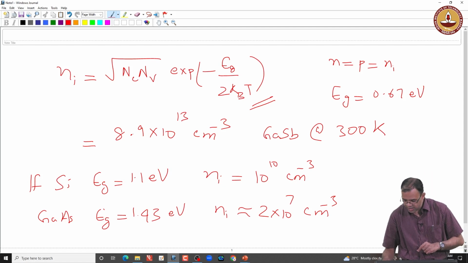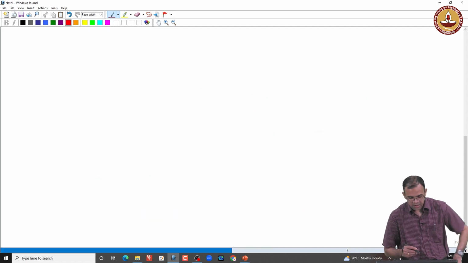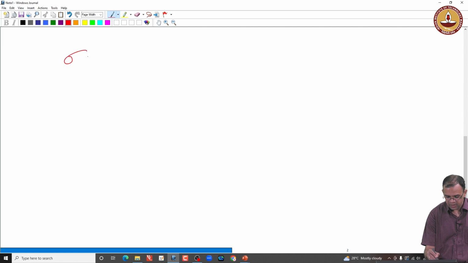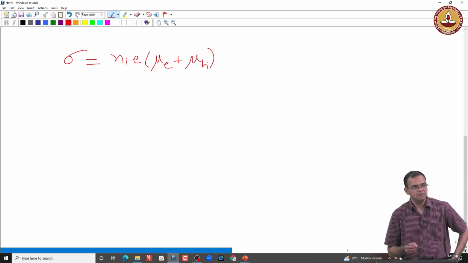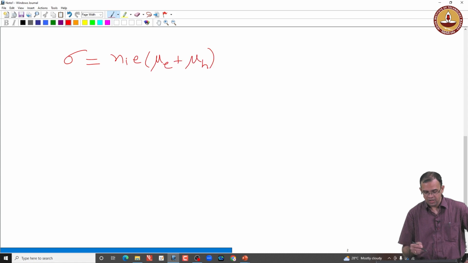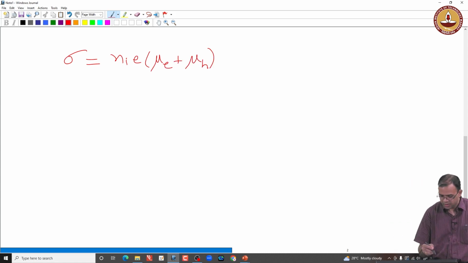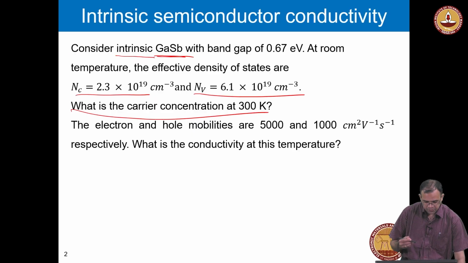So let's just go back to this problem. So we have Ni, and now we want to calculate sigma. So sigma is nothing but Ni times e, mu E plus mu H. Again, if I remember right, mu E was 5000 and mu H was 1000, right? So you can go back and check.